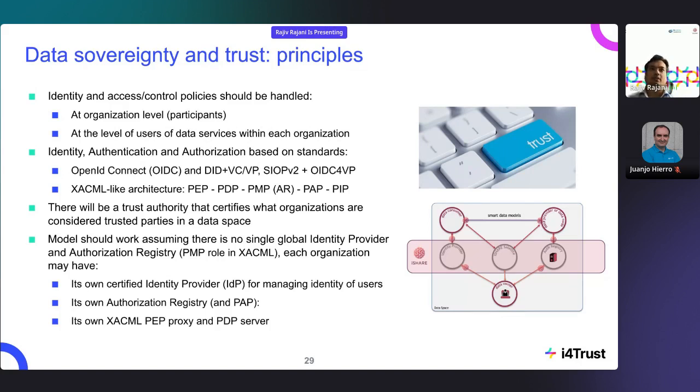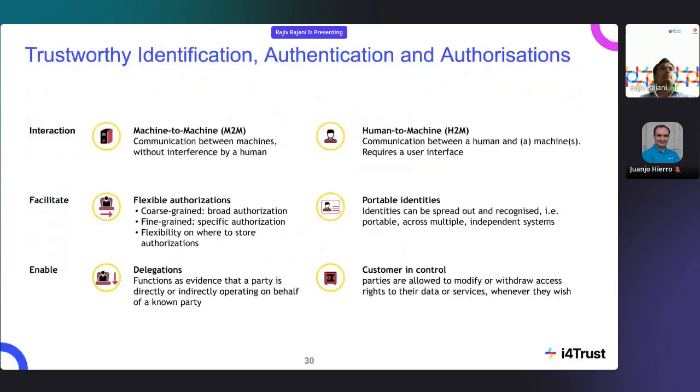The trust anchor, as you can see in the right bottom, which we will have a deeper look at later, is mainly about the role models, and enables trust within the data space. So what is enabled within this pillar is trustworthy identification, authentication, and authorization.